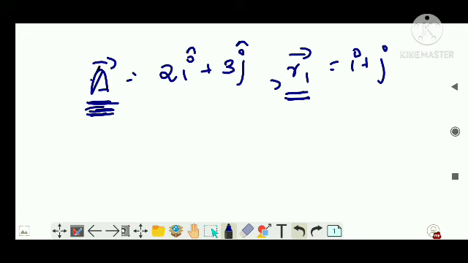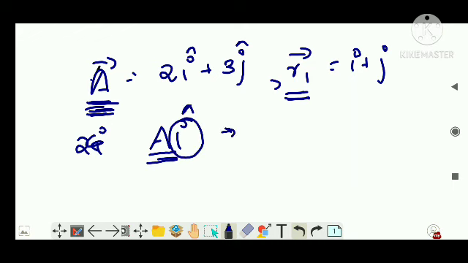Let's see, if I write 2i, or let's say it is ai, it's a value, that means the vector's horizontal component, that is in the x direction, right? For x direction I am writing the unit vector, i cap, right? So that means 2i means 2 magnitude in i direction. Yeah, so i gives you the direction.